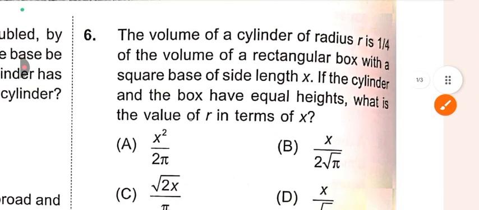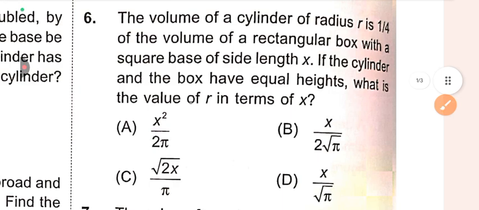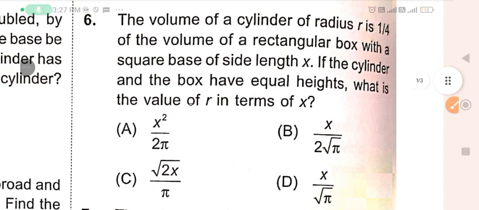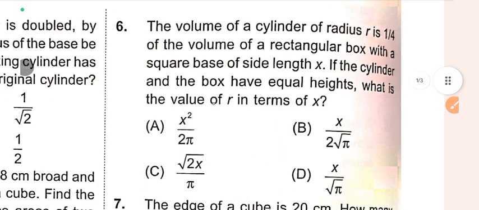Moving on to question number 6. The volume of a cylinder of radius R is 1 by 4 of the volume of a rectangular box with a square base of side x. If the cylinder and the box have equal heights, what is the value of R in terms of x?